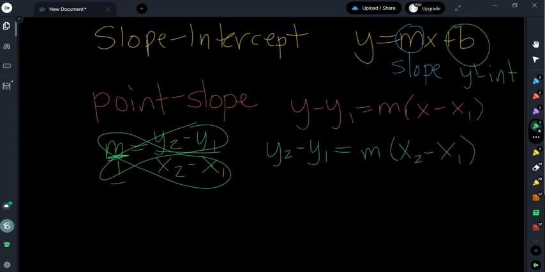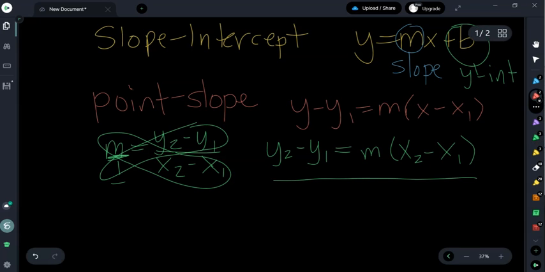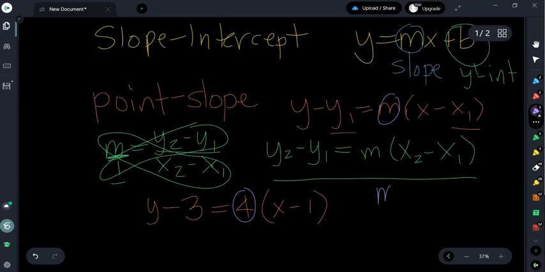Now don't worry about the little subscripts, the 1s and the 2s, and why it's a little bit different. When we use the point slope formula, we're trying to find the equation of a line and not the specific values. So we're not going to be plugging in 2 points as we would here. We're only going to plug in 1 point. So let's say my point slope is this. What this represents is a line that has a slope of 4, so m equals 4, and passes through the point x1, y1.